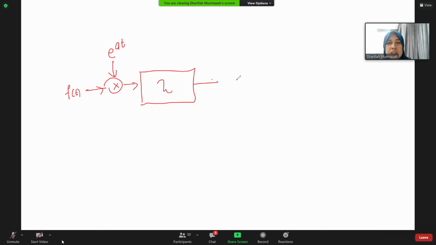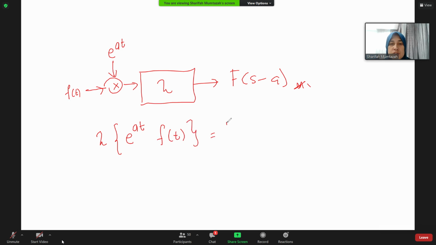If I put it in writing, the Laplace of e to the power of at times f(t) is equivalent to F(s minus a), and the inverse Laplace of F(s minus a) is equivalent to the kernel e to the power of at multiplied with f(t).